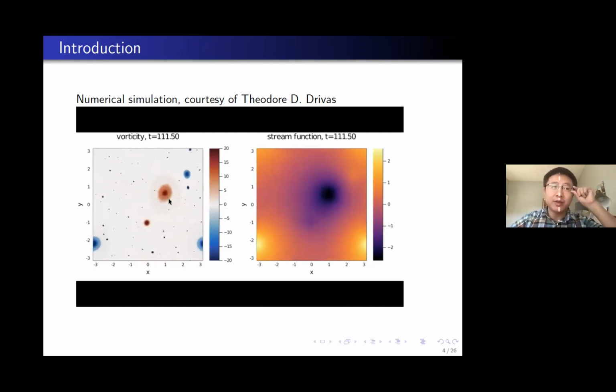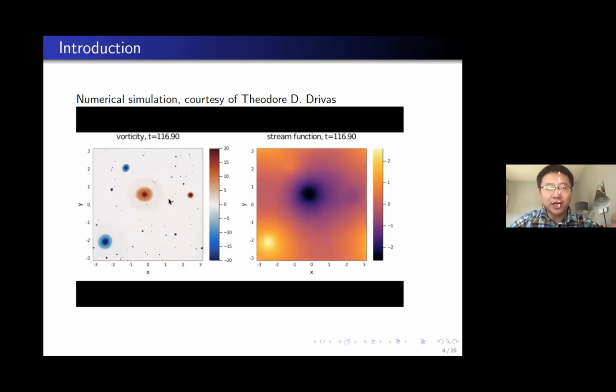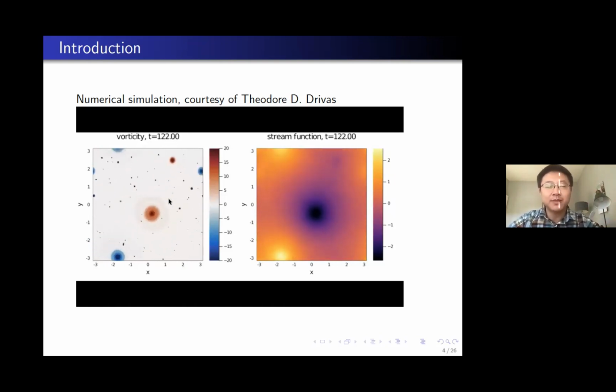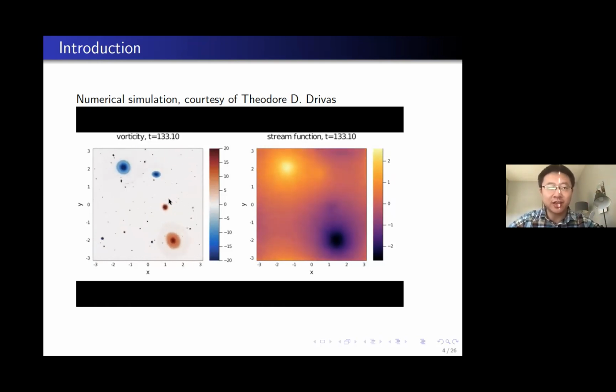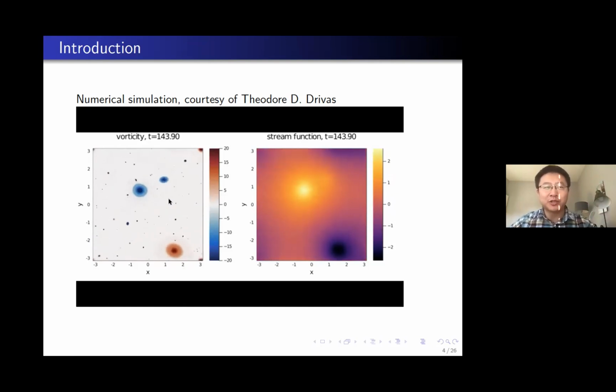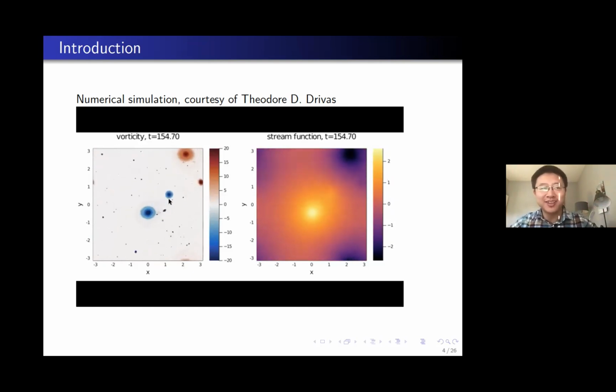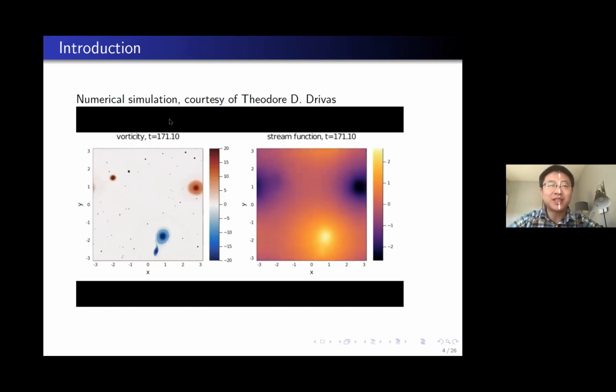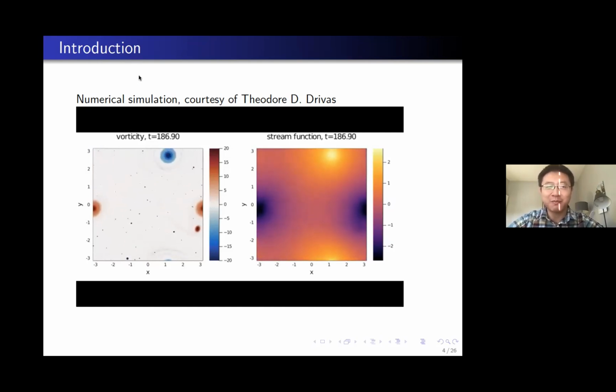So I think it would be a wonderful result if you can show that for some non-monotonic vortex you can still have this nonlinear stability, because that would genuinely broaden our perspective. But probably you cannot prove nonlinear stability using Arnold's method; maybe you have to use some other method.